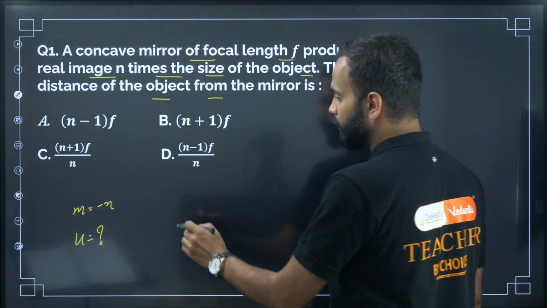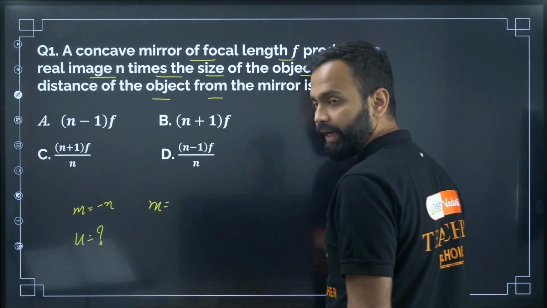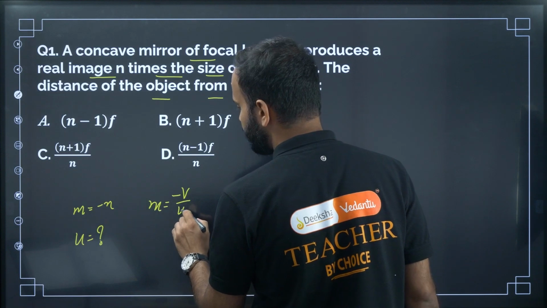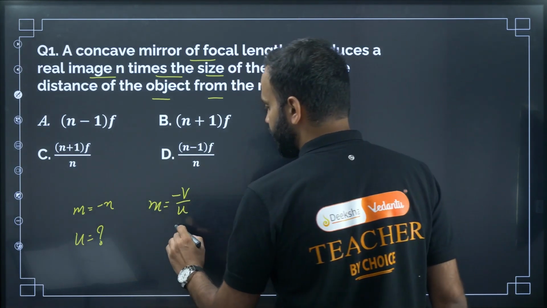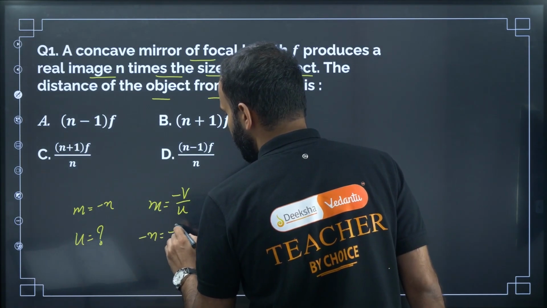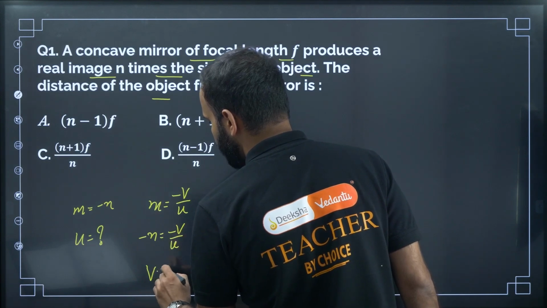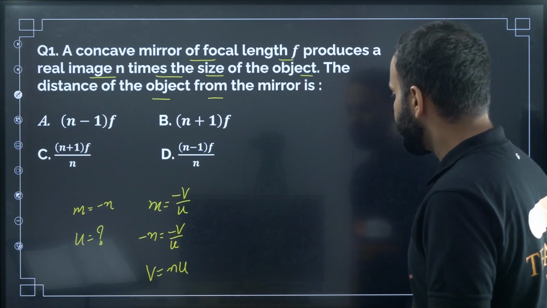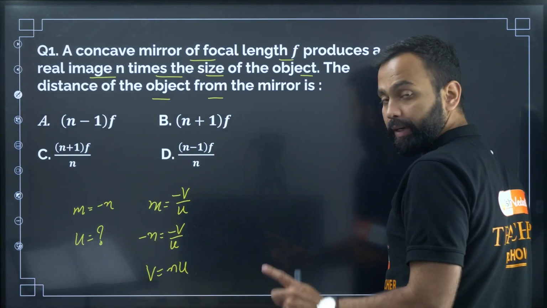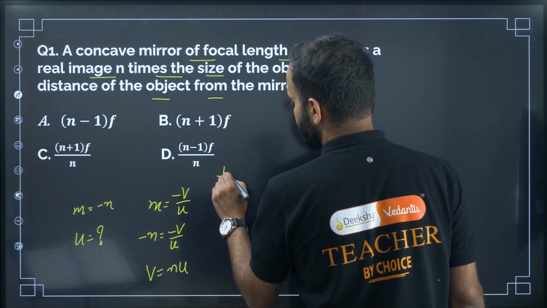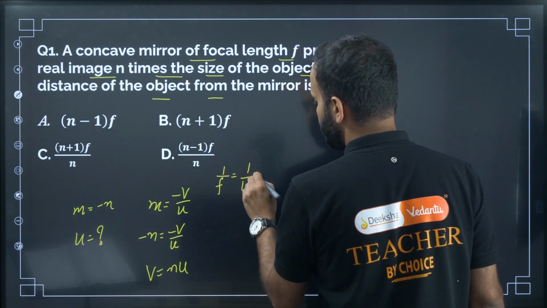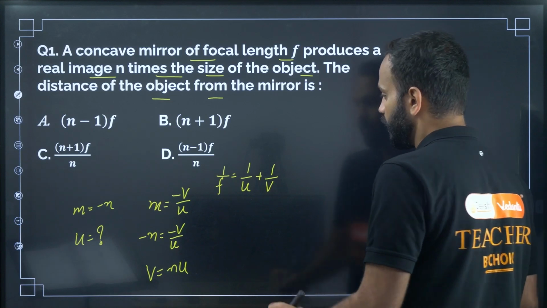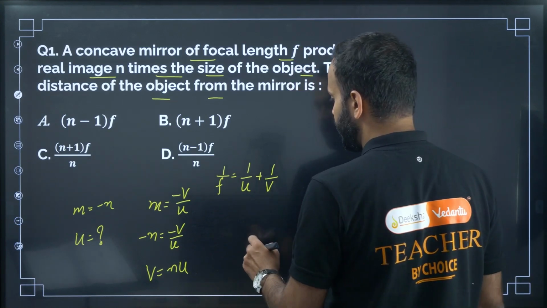Now we know that m, that is magnification of the concave mirror, m equal to minus v divided by u. M equal to minus n equal to minus v by u, so v equal to n into u. Now apply mirror formula. 1 divided by f is equal to 1 by u plus 1 by v, and v equal to n into u.